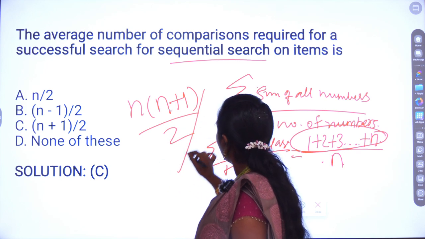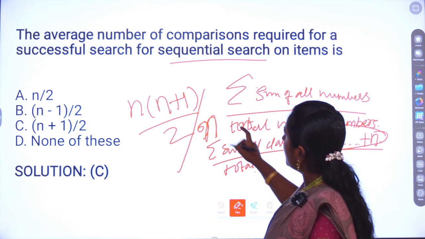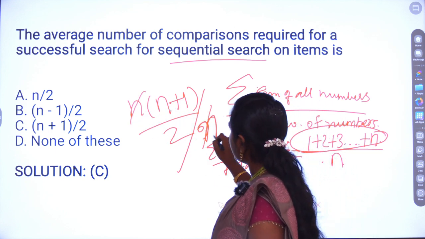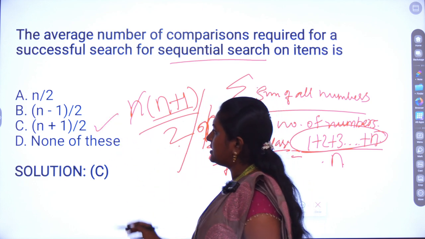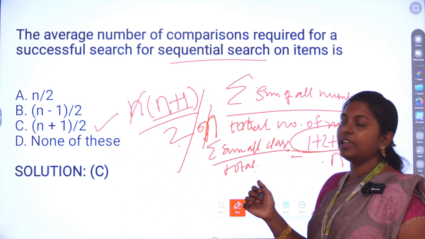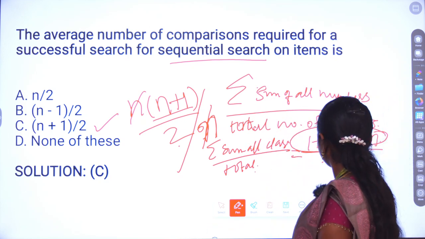Then the whole total is divided by n, the total number of values. So n and n get cancelled. Ultimately n plus 1 divided by 2 is your answer. This is how we calculate the average case of sequential search.